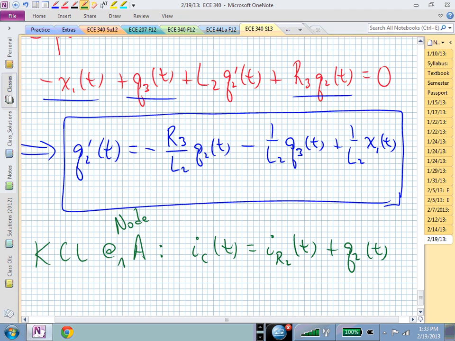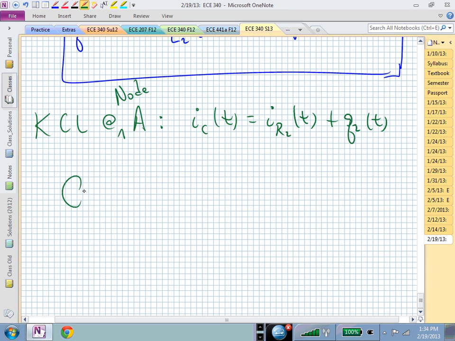But I don't want to be writing this in terms of I sub C. I've kind of introduced a new variable that I don't want, but I can write that in terms of state variables. That's just C q sub 3 prime of t. And then I have I sub R sub 2 of t plus q sub 2 of t.